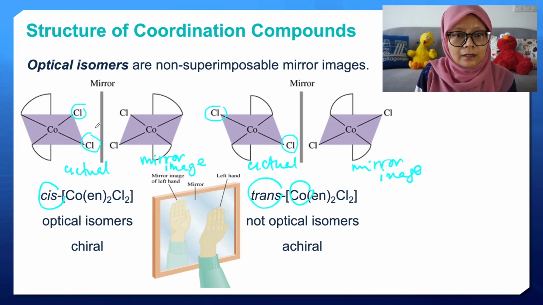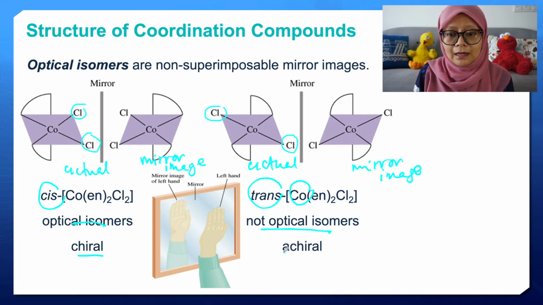This cobalt compound, cis, is an optical isomer and chiral, while the trans is not an optical isomer and is achiral.